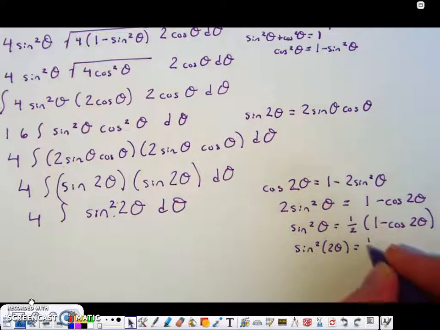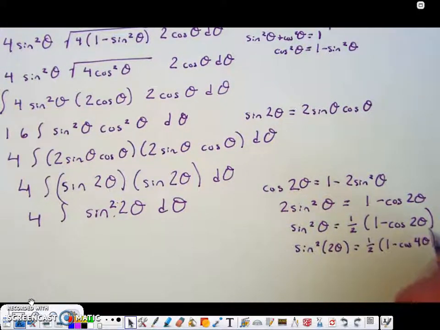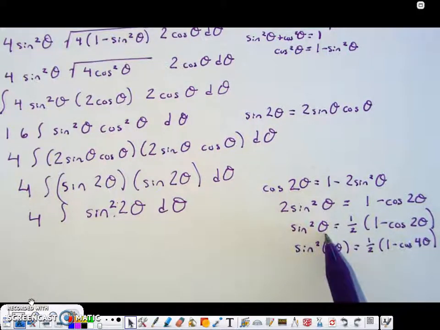Okay, that is correct, because basically this just has to be twice whatever this is, because it's a double angle formula.